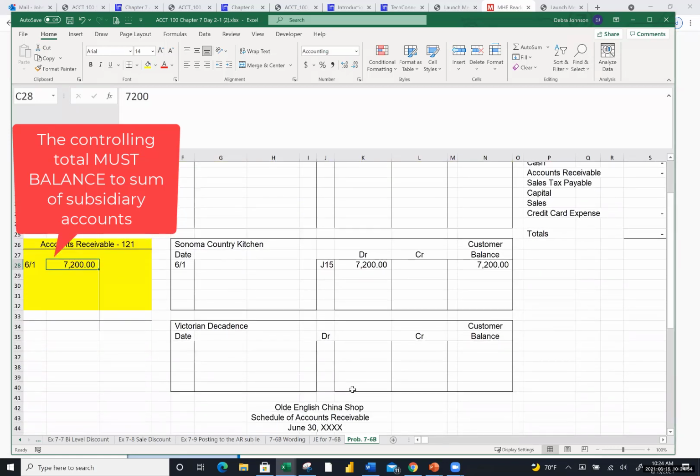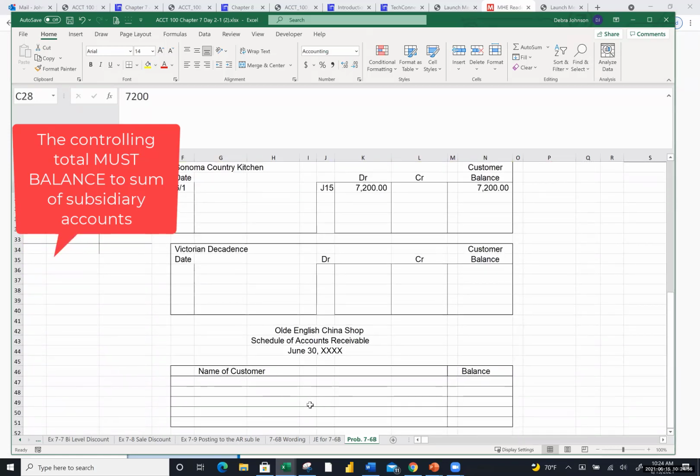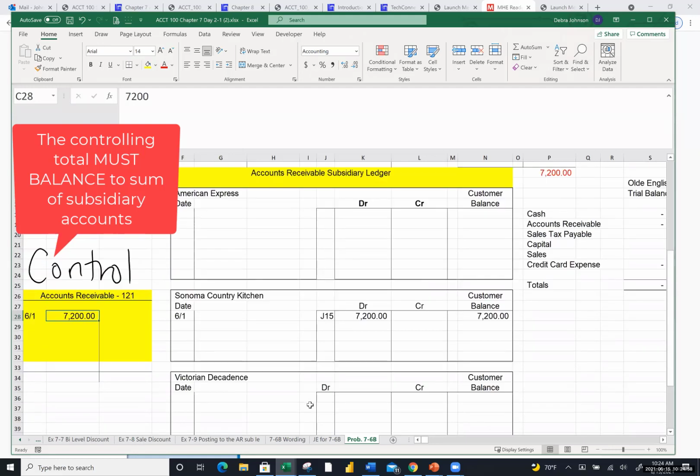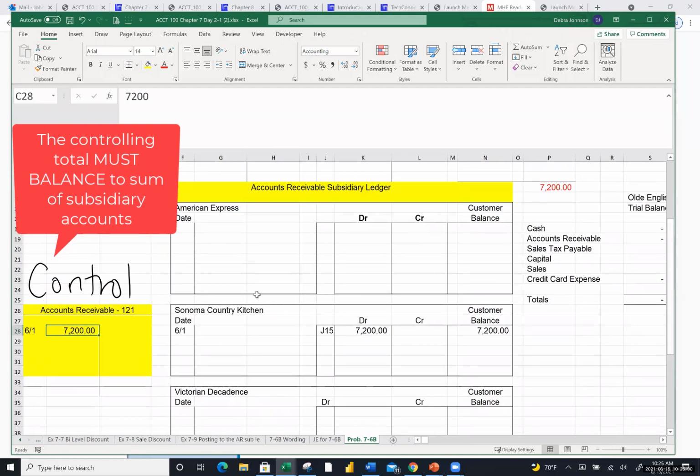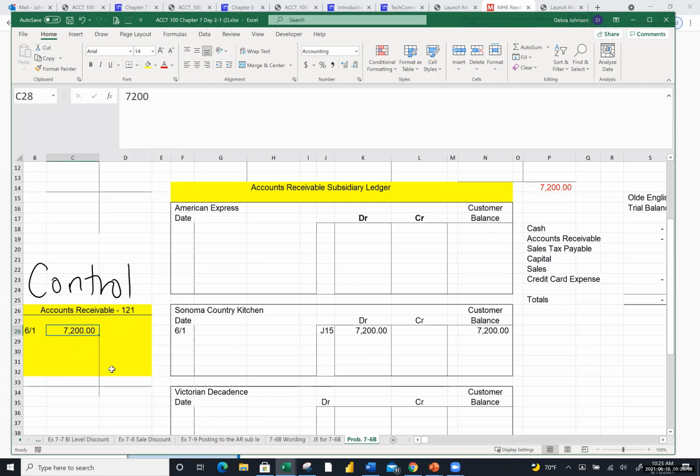At the end of this problem, you're going to do a schedule of accounts receivable, and you're going to prove that the sum of these three customers' balances balances back to accounts receivable. Again, you got to get this down before you try and move on to chapter 8. So any questions on how that posting would work?